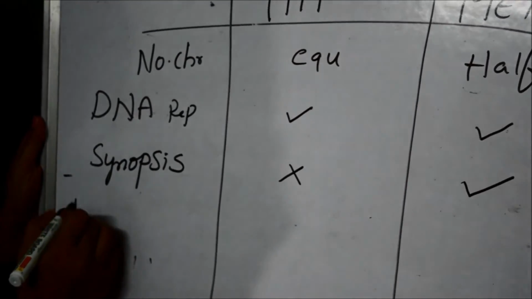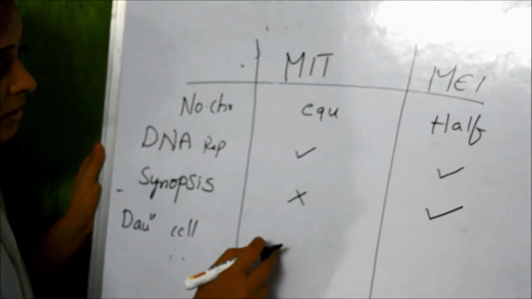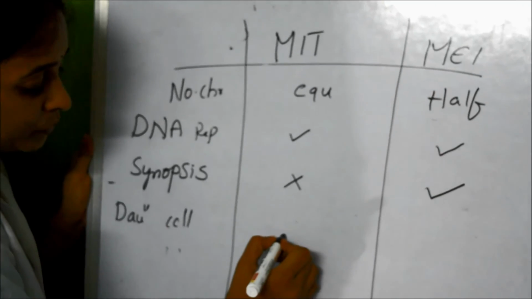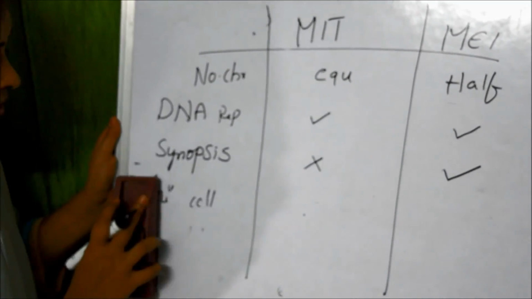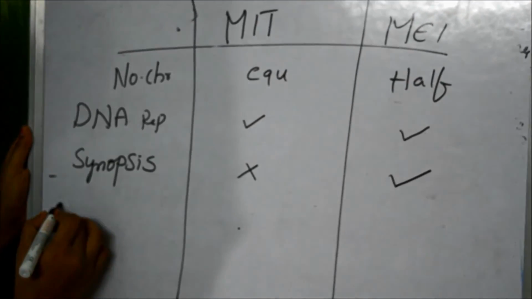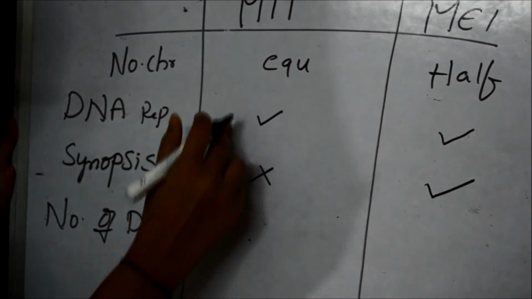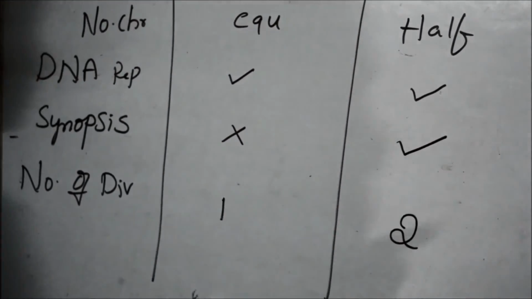Now come to the daughter cells. In mitosis, daughter cells have an equal number. So let us see the number of divisions. In mitosis only one division is there. In meiosis there are 2 divisions.